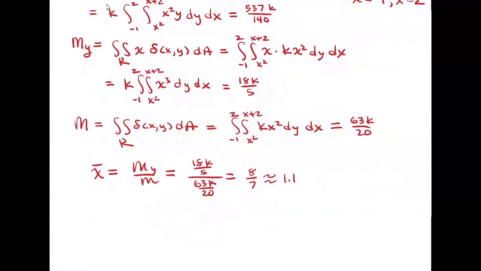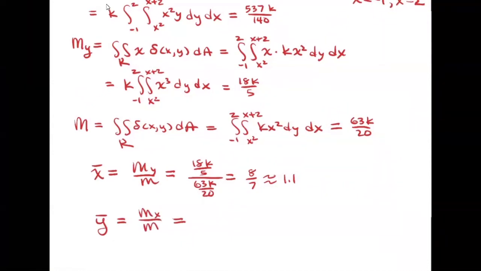And then the y bar is mx over m. So the mx was the 537k over 140, and m is the same, it's 63k over 20.